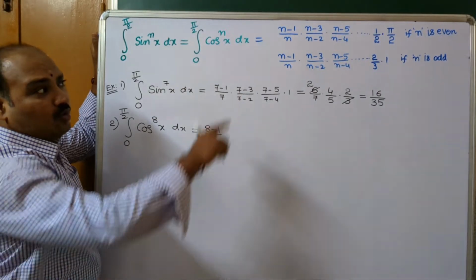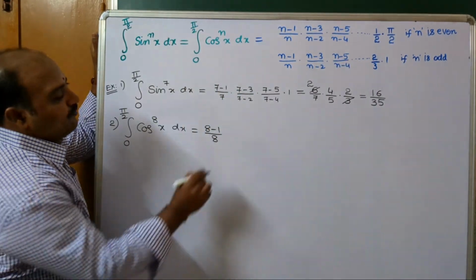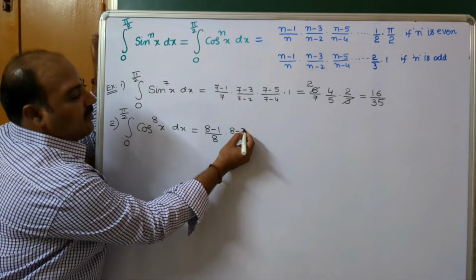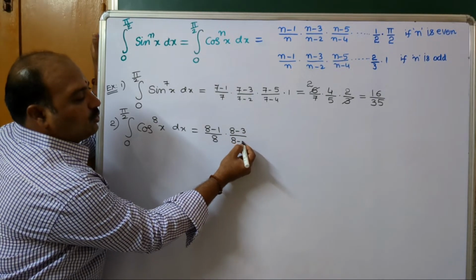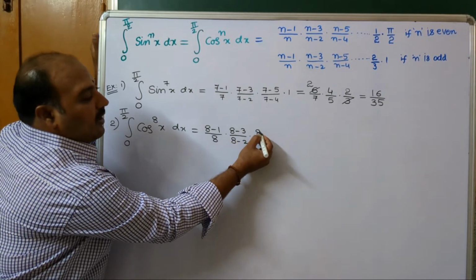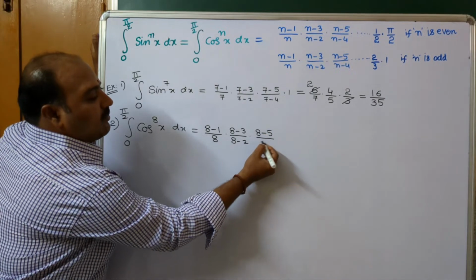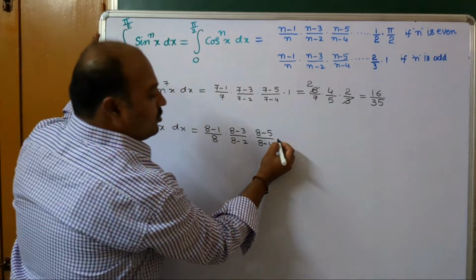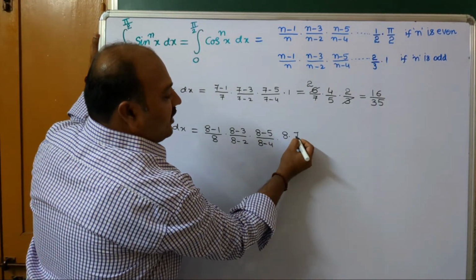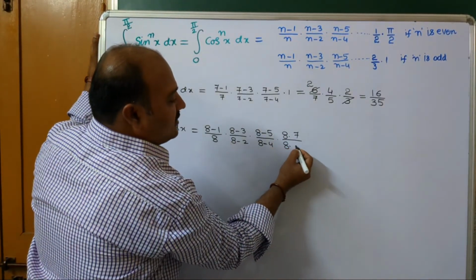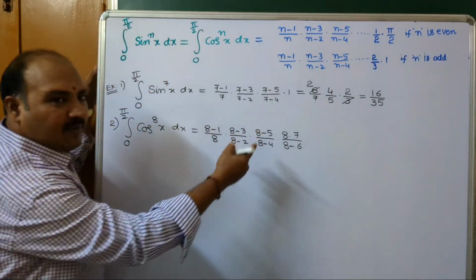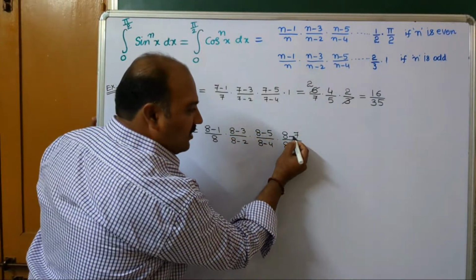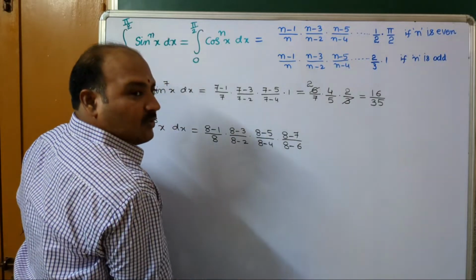After that, what we have to do? We should multiply with pi by 2. So 8 minus 3 divided by 8 minus 2, 8 minus 5 divided by 8 minus 4, into 8 minus 7 divided by 8 minus 6. Is it 1 by 2 or not? 8 minus 7, 1. 8 minus 6, 2.